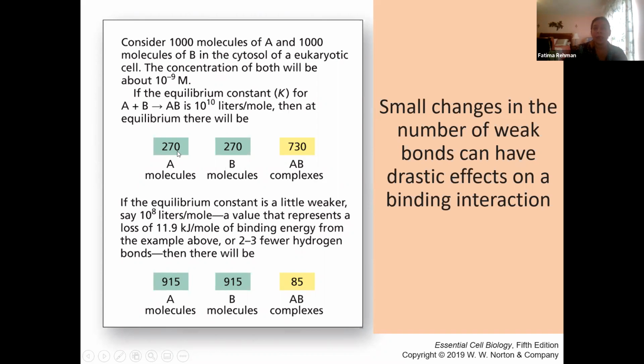In this case, we are told that at equilibrium, you would have a certain number of molecules of each one of your reactants and a certain amount of product. What you will notice is that just a slight change in those equilibrium constants, or a slight change in concentration of your molecules, will have a really big effect at the end of the day on how well they can bind and where that equilibrium occurs.